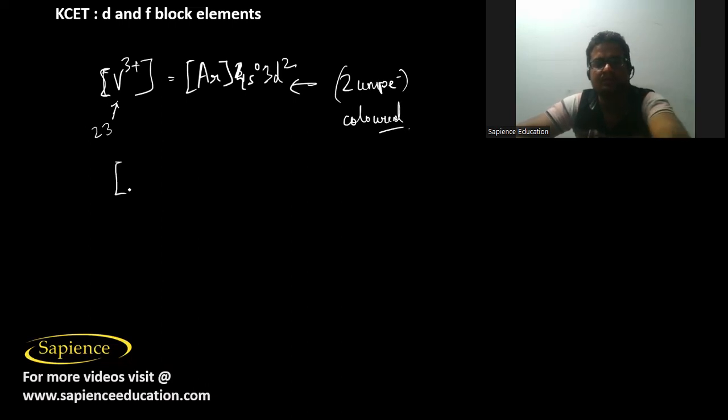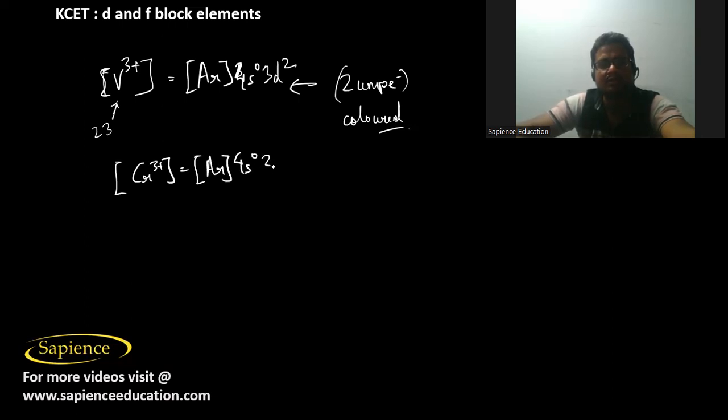So here it has two unpaired electrons, so it will not give a colorless solution, it will be a colored solution. And in case of the fourth one, that is Cr3+, as we know, the Cr3+ ion has the electronic configuration argon 4s0 3d3. So here it has three unpaired electrons, so it will also give a colored solution.